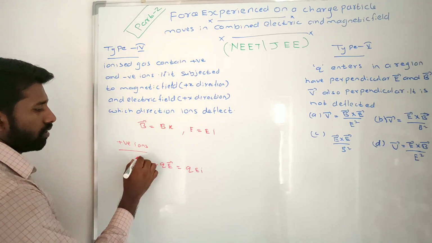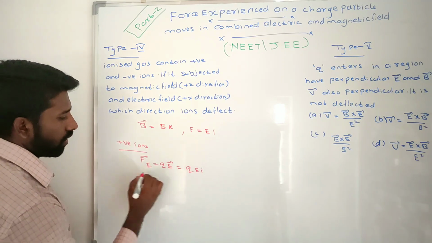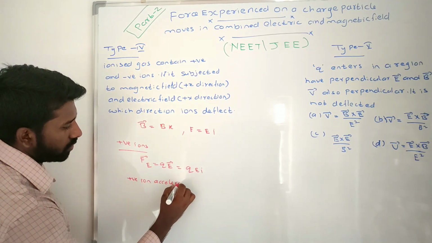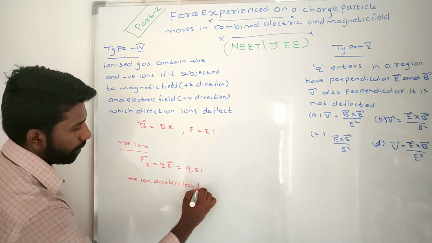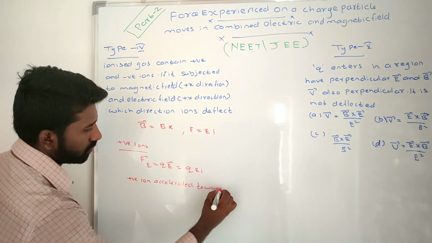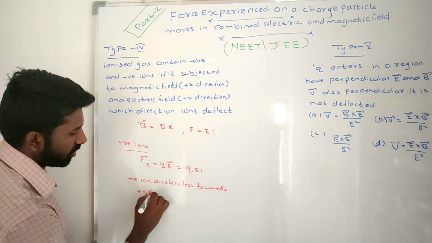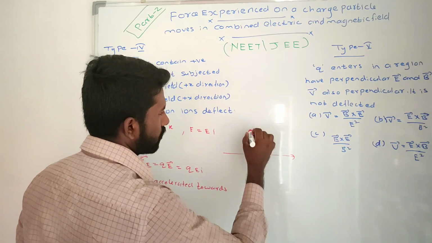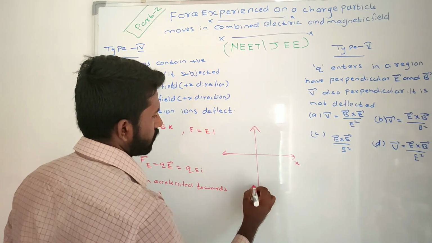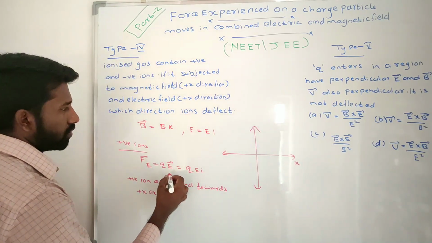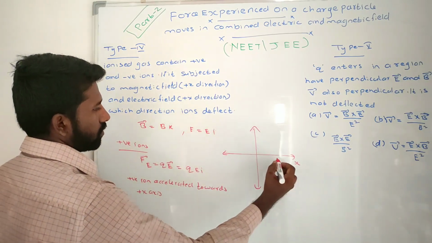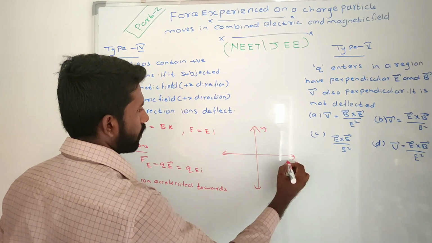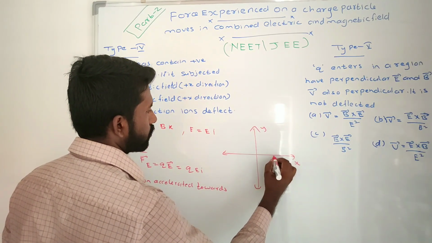That means the positive ions get accelerated towards the plus X axis. I can draw a diagram like this. This is X, this is Y. The electric field is acting like this, and the magnetic field is acting like this.